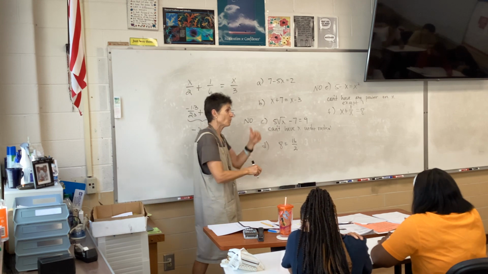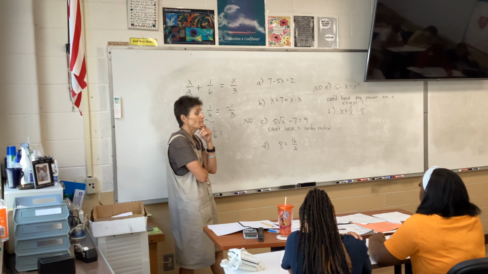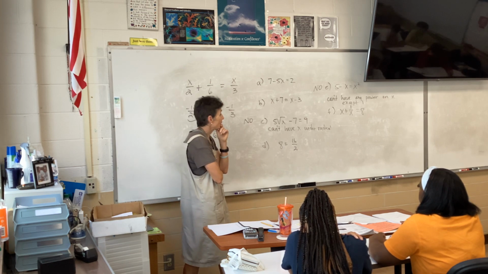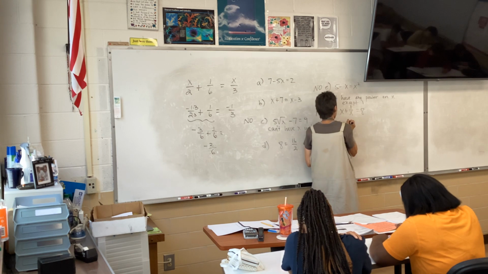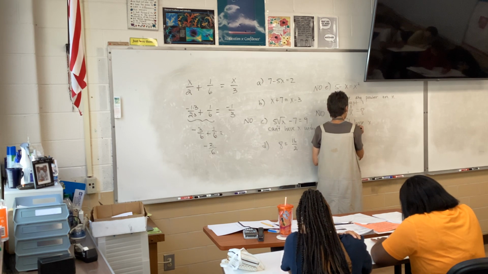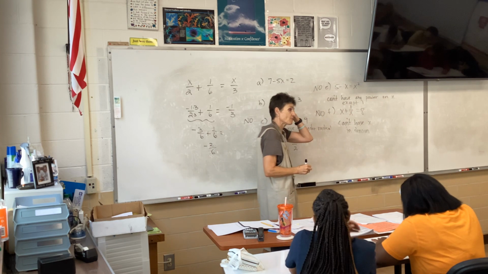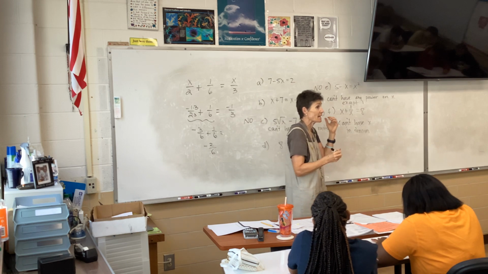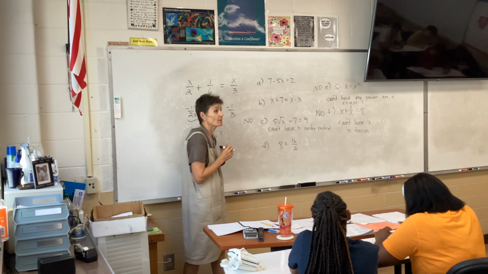The only power you can have on x is a 1. Meg? So would that mean F isn't linear? F is not, because if I put x in the denominator, that means its power must have been -1, and it can't be anything other than 1.